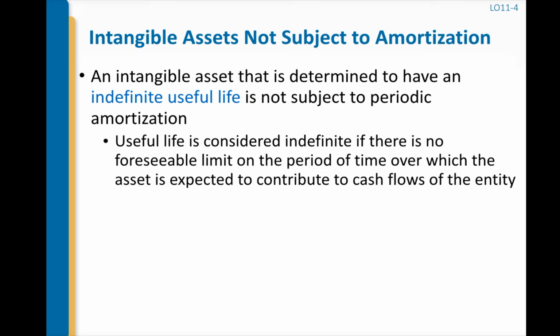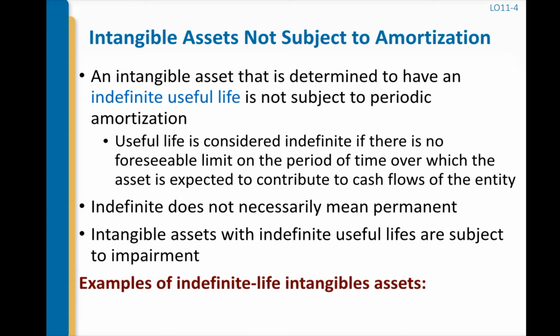If you trade cash for land, it never shows up as an expense on your income statement, because they say, oh, well, now you have a different type of asset, so we're not going to call that an expense. Same thing here. We're kind of splitting hairs here, but when we talk about the difference between indefinite and permanent, indefinite means it could go on forever, but won't necessarily.